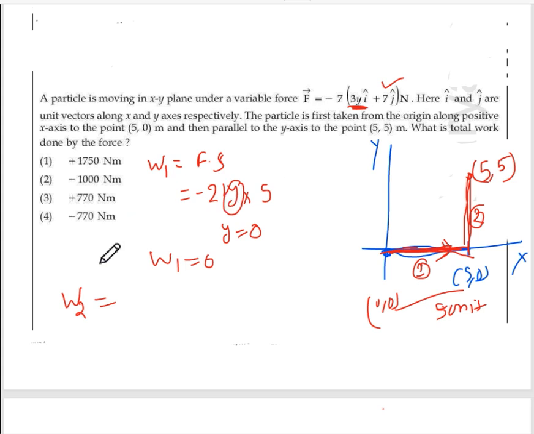Minus 7 into 7 is minus 49. So minus 49 into its distance, 5 units. If we multiply it, it will become minus 245 Newton.